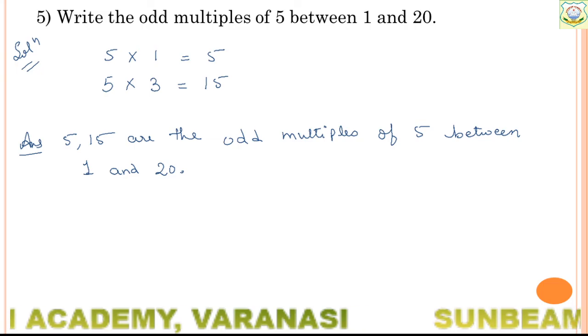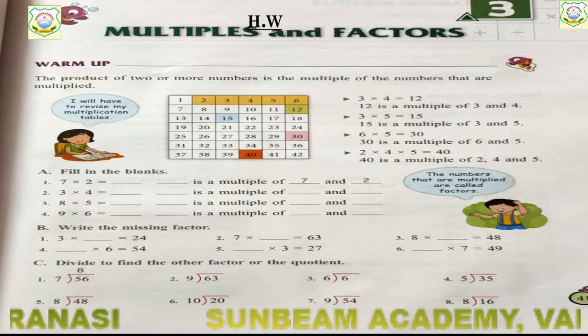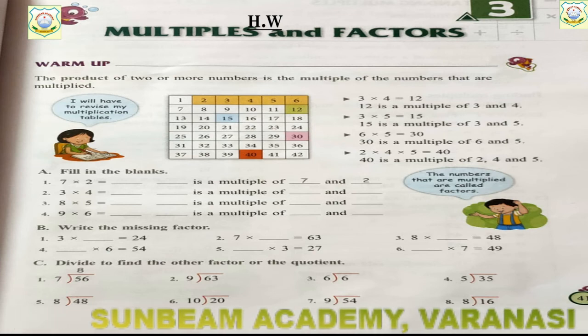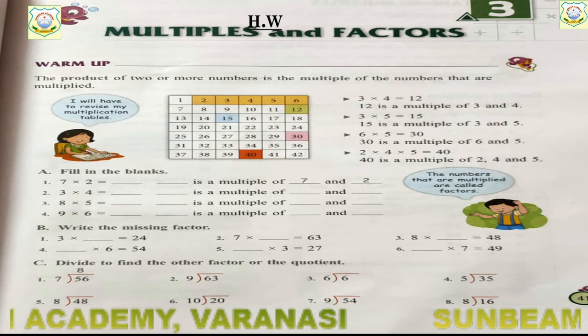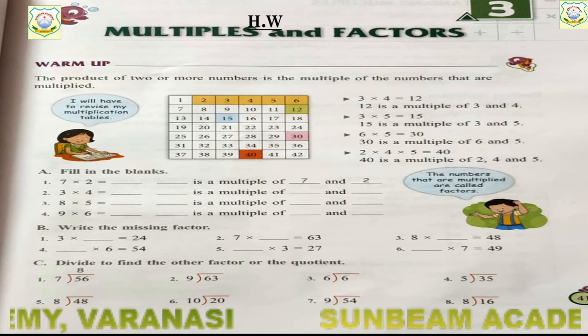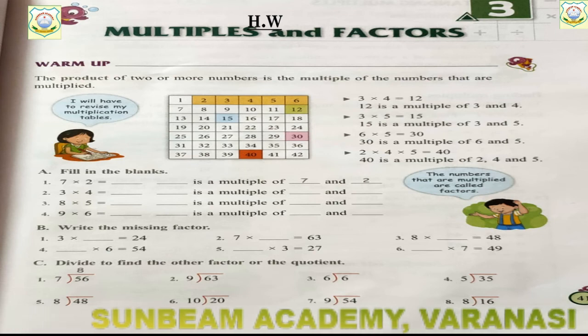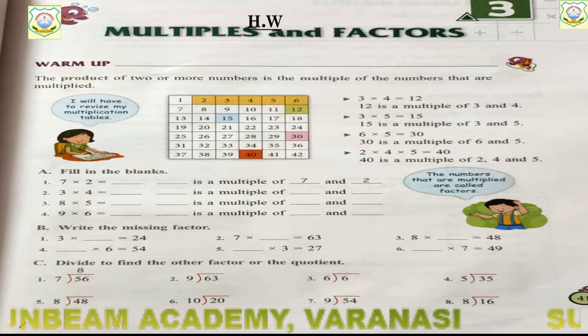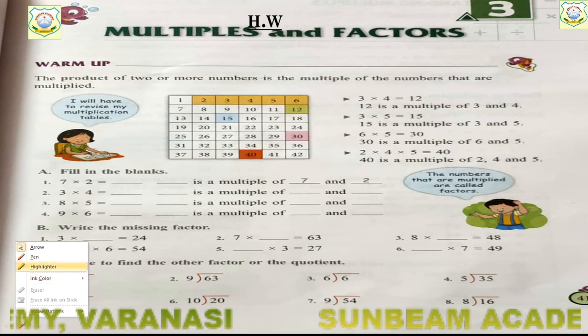Okay, now this is your today's homework. When you open lesson number 3, multiples and factors, you can see there is a warm-up page, right? And in this, I'm telling you what you have to do, and then you will do. Remember that you have to do it with pencil.